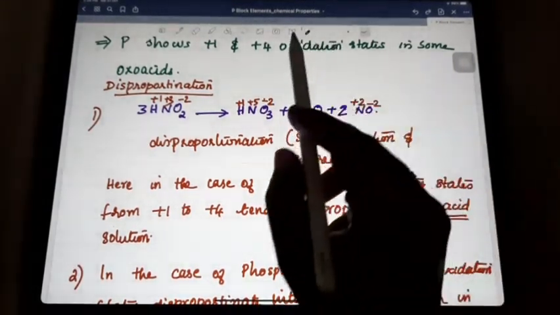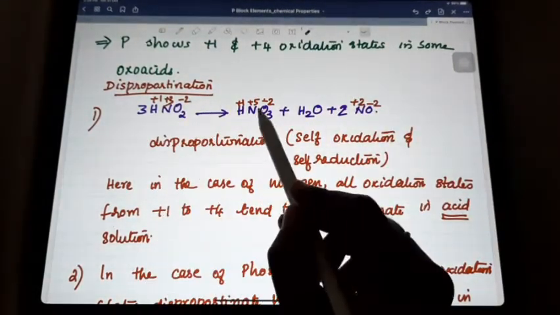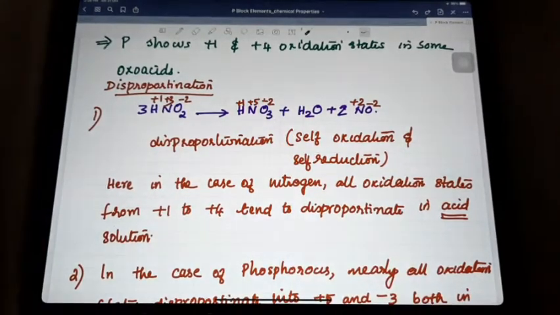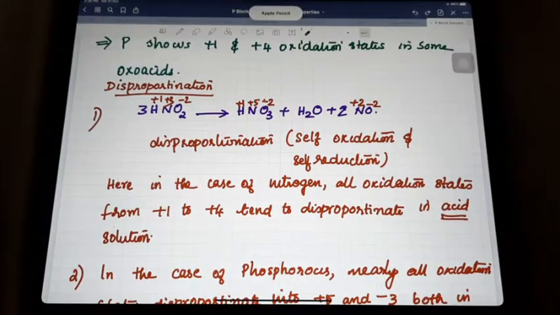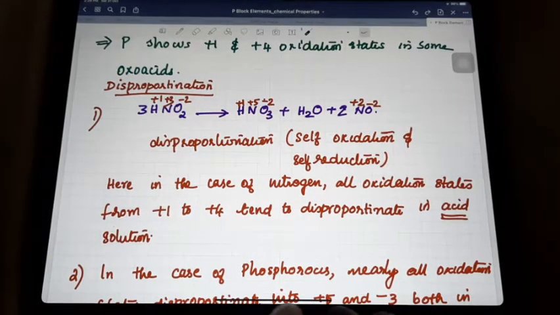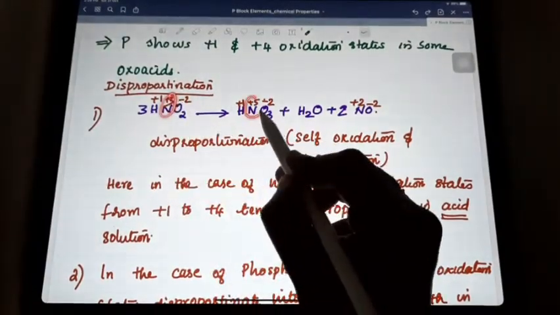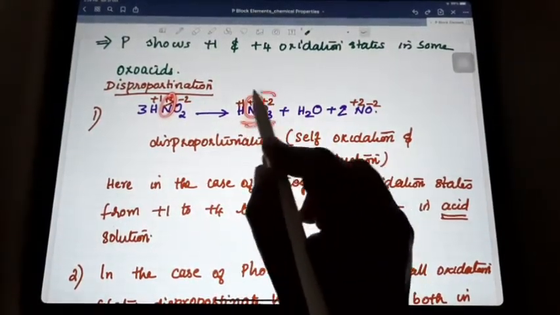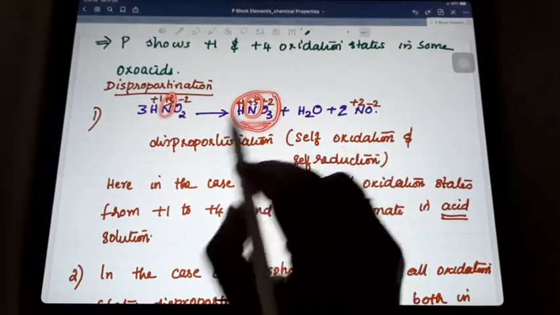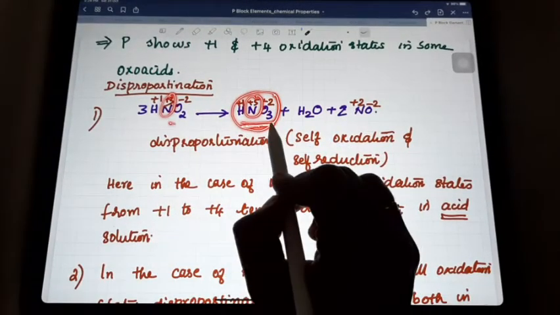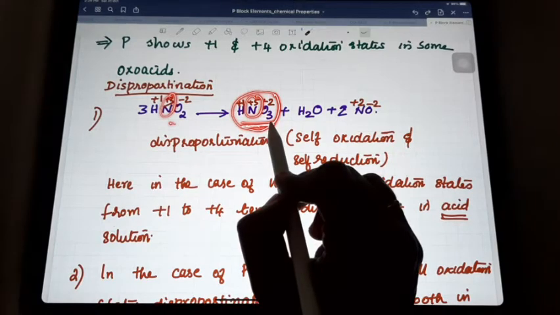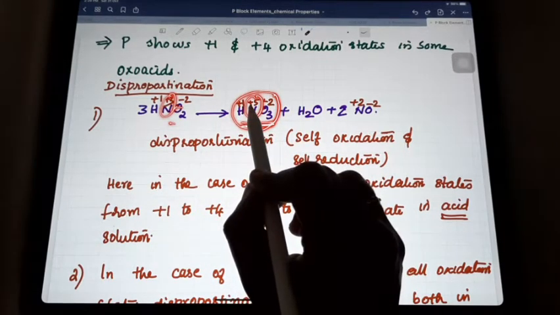So here you can see that HNO2 can disproportionate into HNO3, H2O, and 2NO. Here is how you can assign the self-oxidation and self-reduction. The +3 oxidation state is changed to +5, so it undergoes oxidation: HNO2 is changed to HNO3. Oxidation occurs because of the increasing oxidation state.